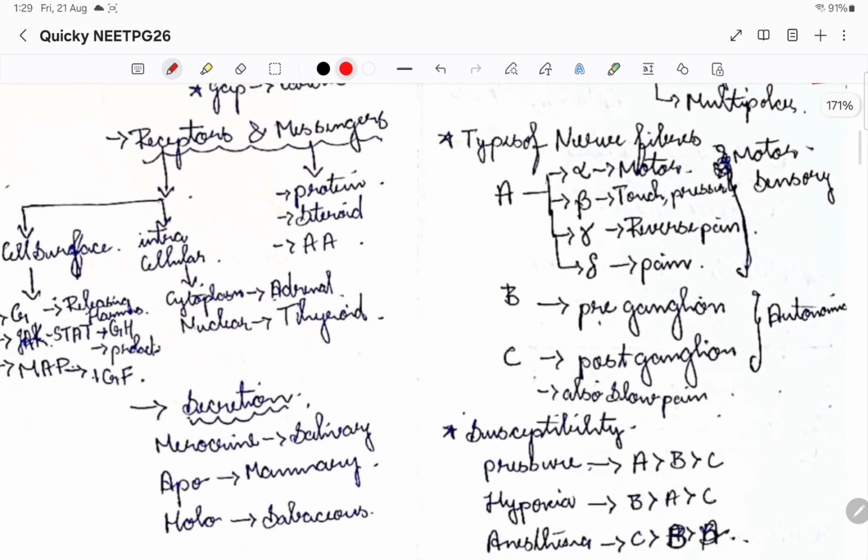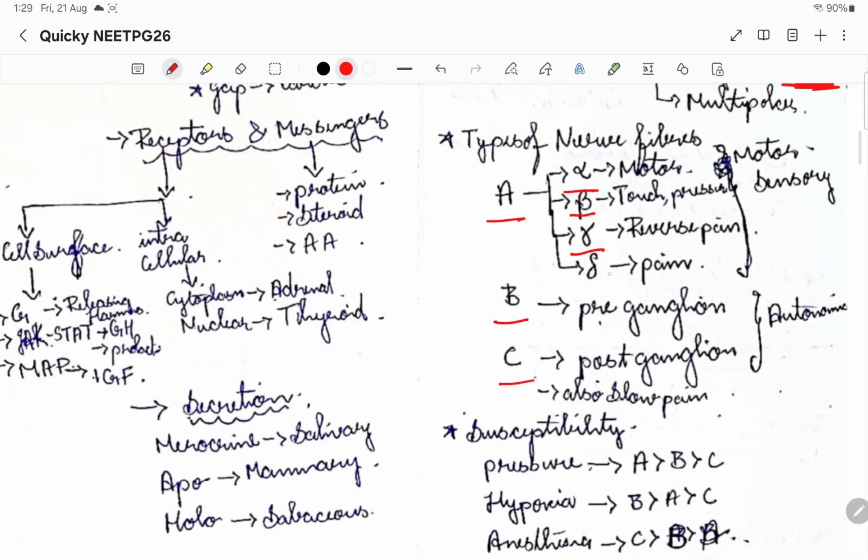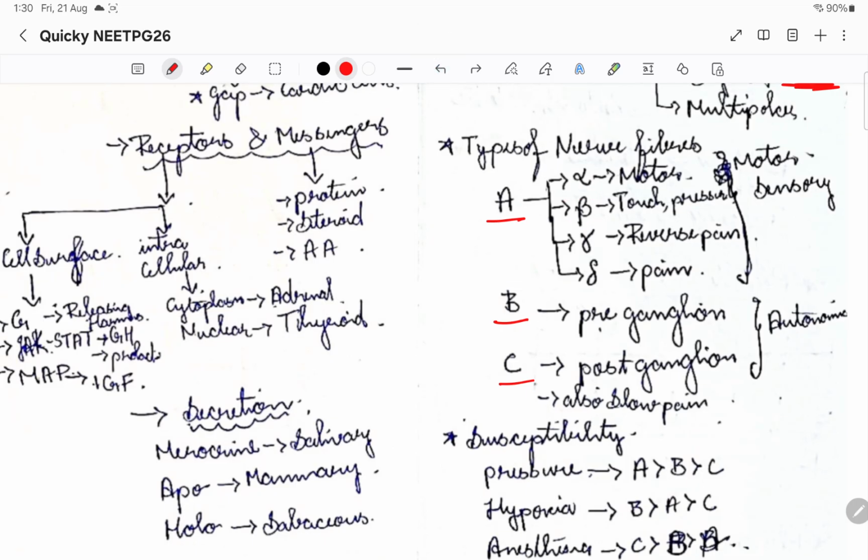There are three main types of nerve fibers: type A, type B and type C. Type A has four major subdivisions: alpha motor neuron, beta, gamma and delta. There are different functions of these nerve fibers, so let us see them one by one.